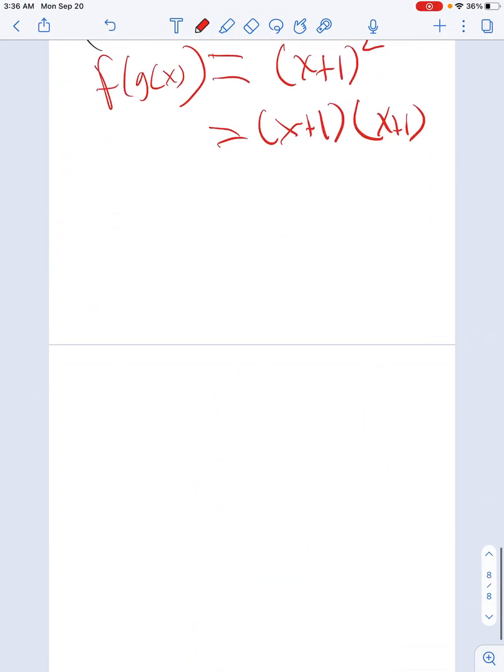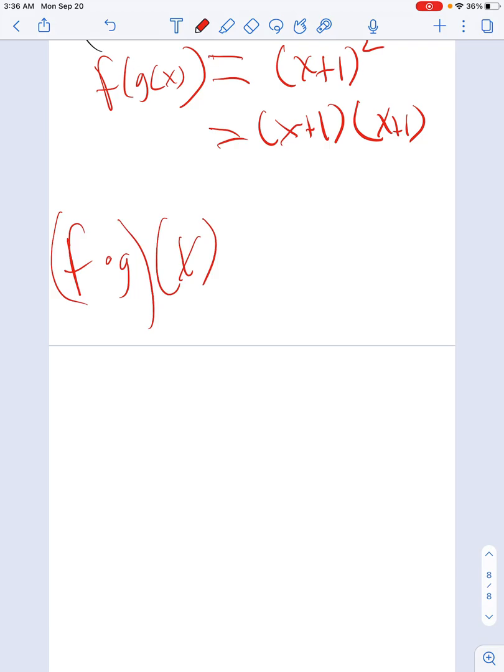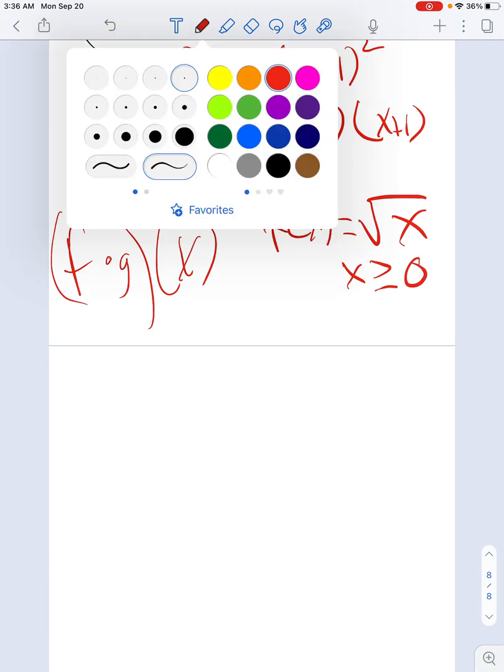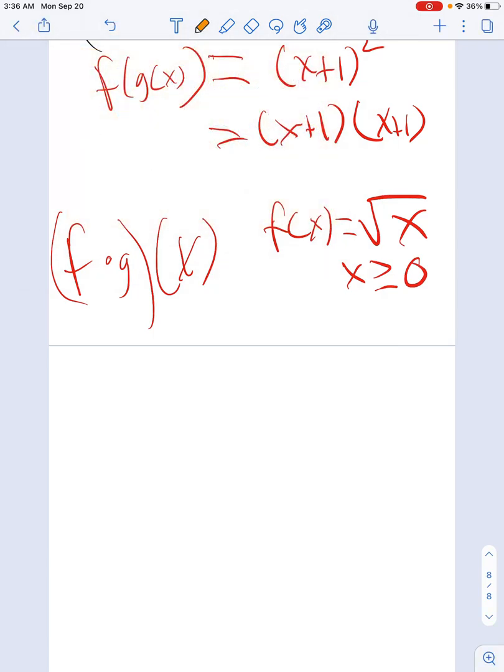All right, getting into a more concrete example, find f of g of x when f of x equals the square root of x, where x must be greater than or equal to 0, and g of x equals x minus 1, but x has to be greater than or equal to 1.